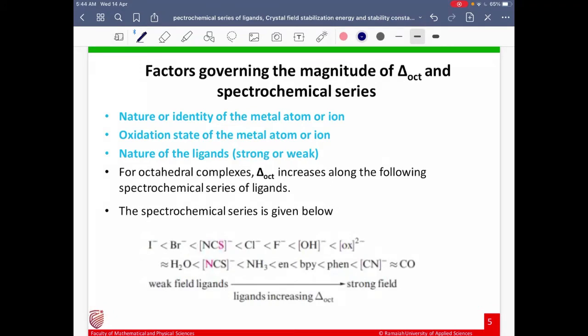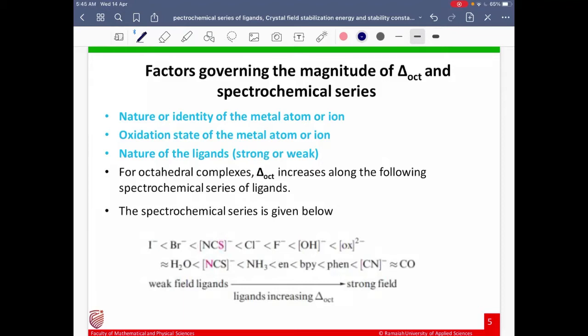Now, factors governing the magnitude of delta octahedral and spectrochemical series. First, we will study the factors governing the magnitude of delta octahedral. First, the nature or identity of the metal atom or ion. Second, the oxidation state of the metal atom or ion. Third, the nature of the ligands, whether they are strong or weak.